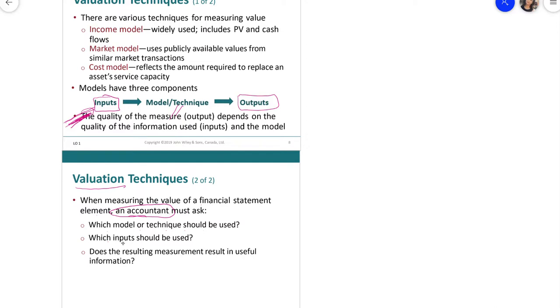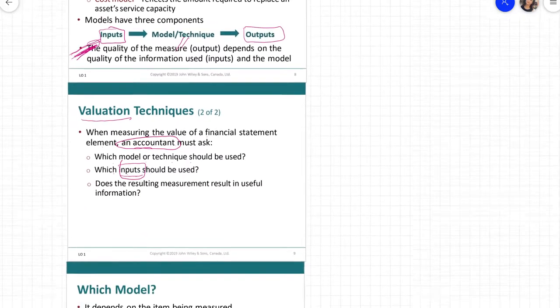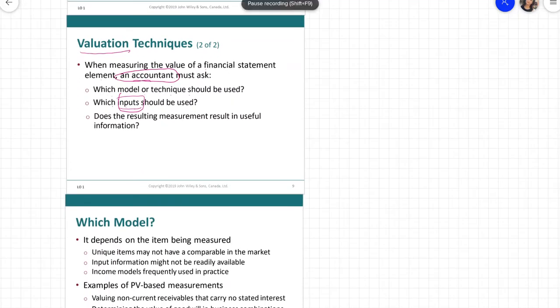Now, which input should be used? Should we use an interest rate? What input should be used? And then once we have the input and the model, the output that comes out of the input and the model will result in useful information.